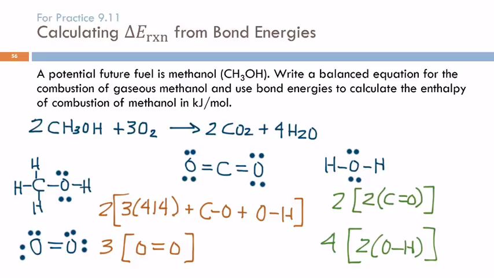Is that positive or negative? It's positive. I have to put energy into the molecule to break its bonds. So all of these orange ones are going to be positive. All the green ones are going to be negative.